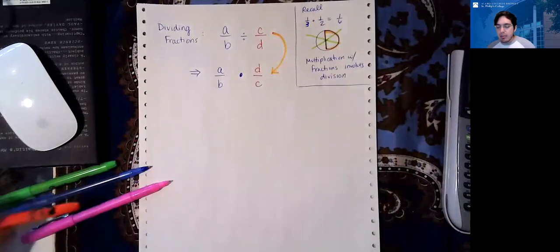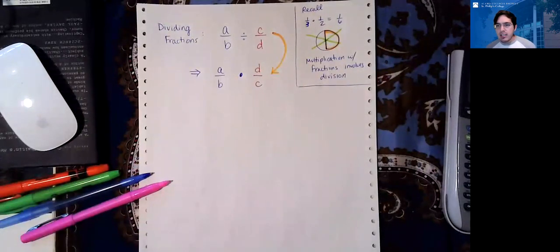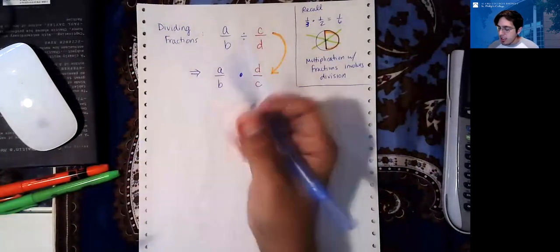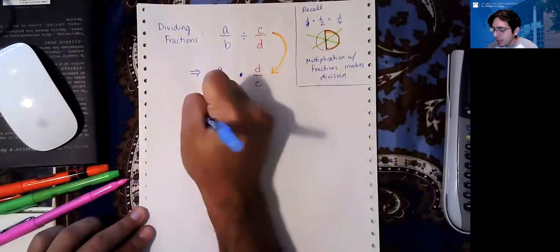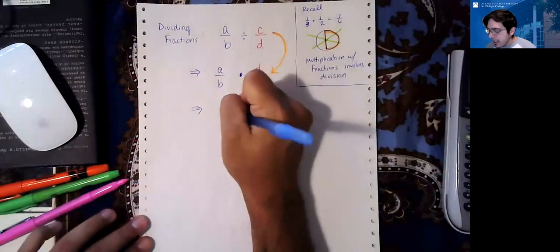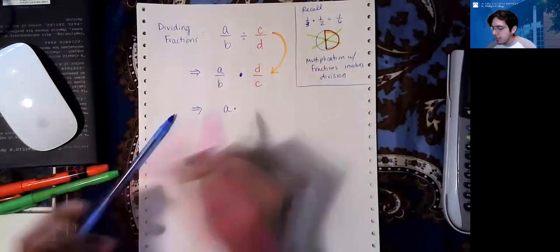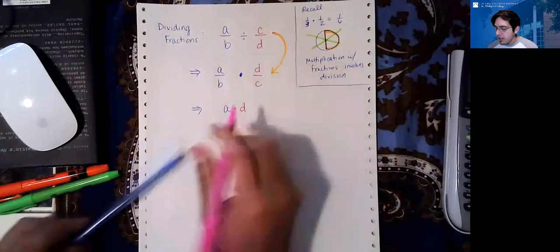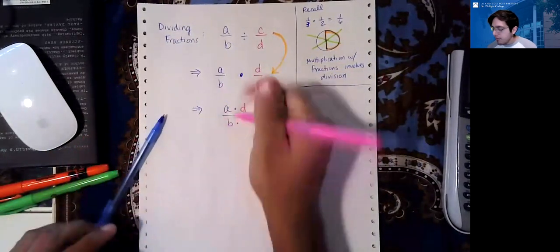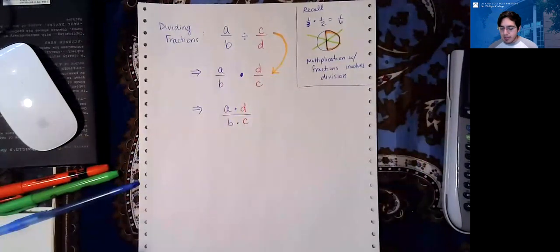And multiplying by a reciprocal turns out is the same thing as dividing. Okay. So if we're back in the world of multiplication, then the rules for multiplying fractions apply, and we can just say A times D is going to be our new numerator, and B times C will be our new denominator.